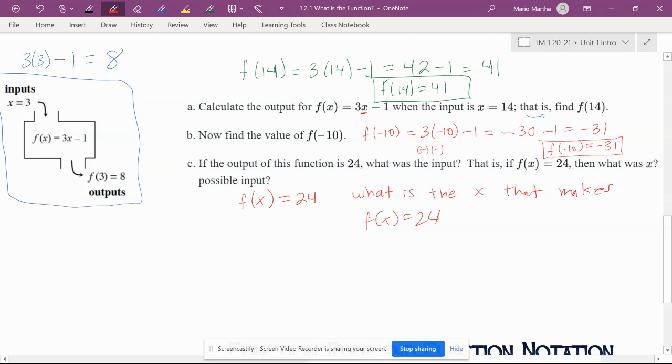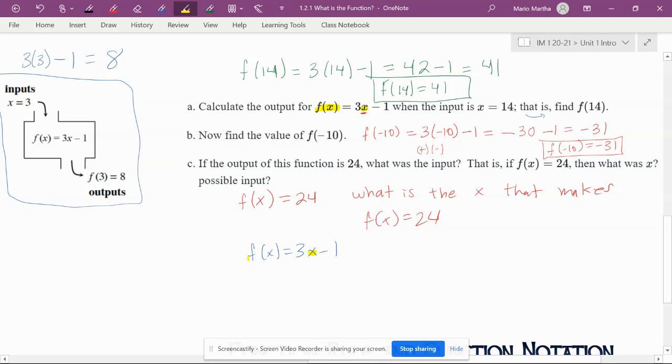All right. So here, what we want to do is substitute. So instead of replacing the x inside here, we're going to replace this whole thing. So that's our equation, f of x equals 3x minus 1. So I want to figure out this value now instead of what's the output. So I'm working my machine backwards.